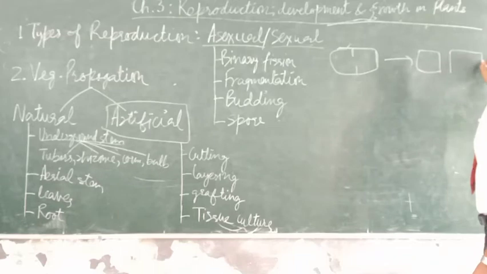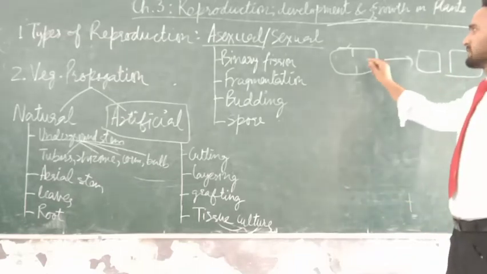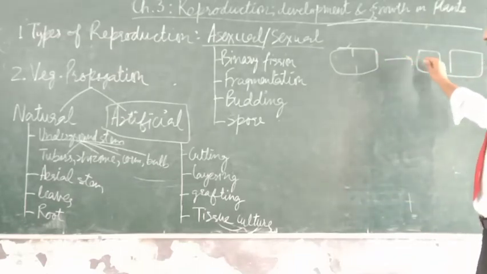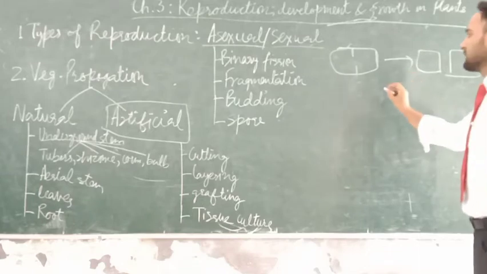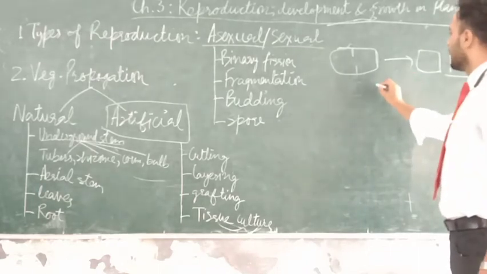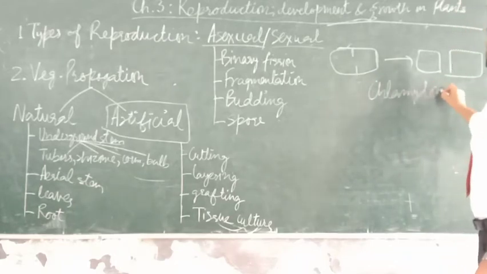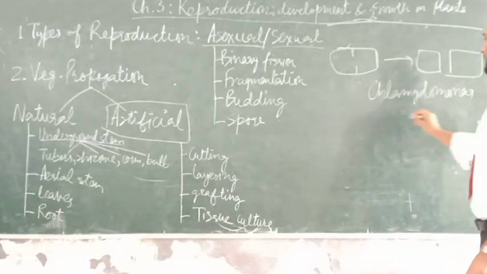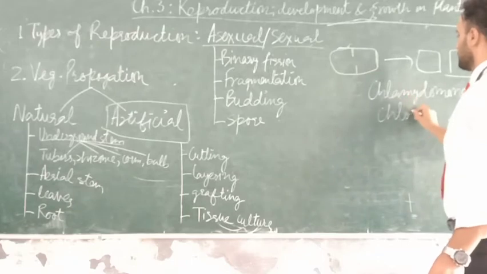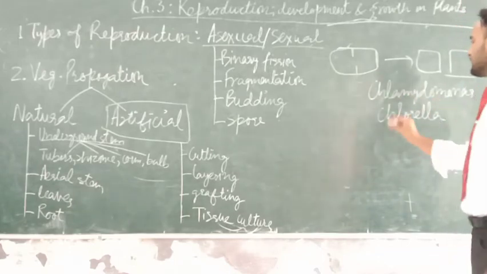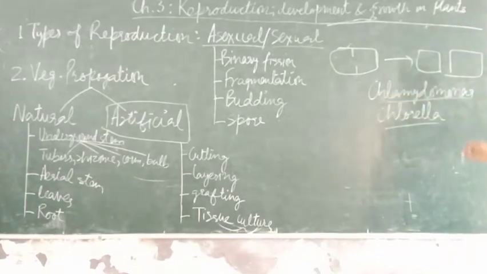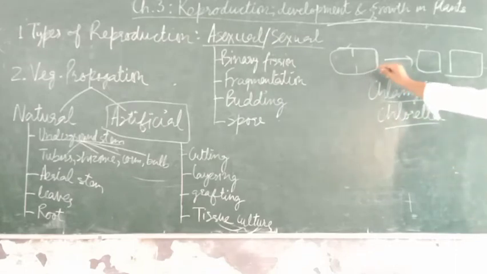This is the example of binary fission, and it is found in Chlamydomonas and Chlorella. So in binary fission, one parent cell divides into two daughter cells, and the examples are Chlamydomonas and Chlorella.